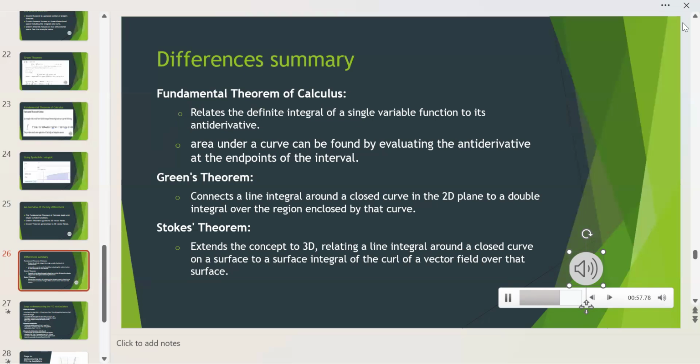In Stokes' theorem, we are looking at the extension of the concept to three dimensions, relating a line integral around a closed curve on a surface to a surface integral of the curl of the vector field over that surface. So these are the primary differences between them, and the previous examples were computed to show how they were solved.